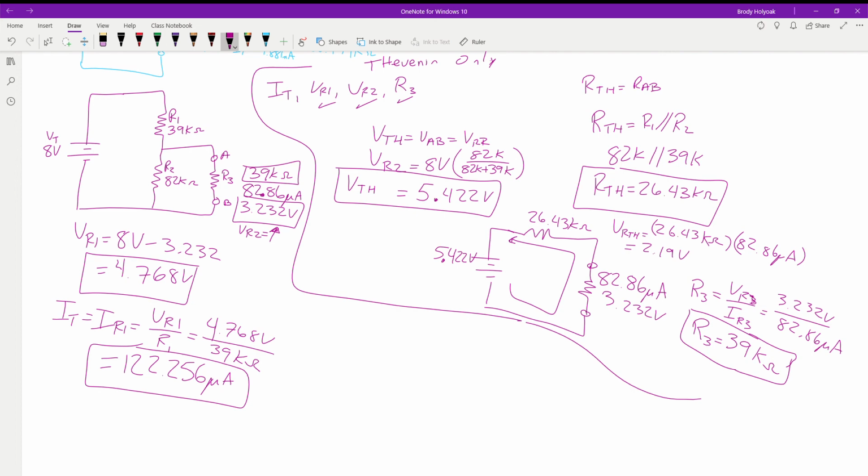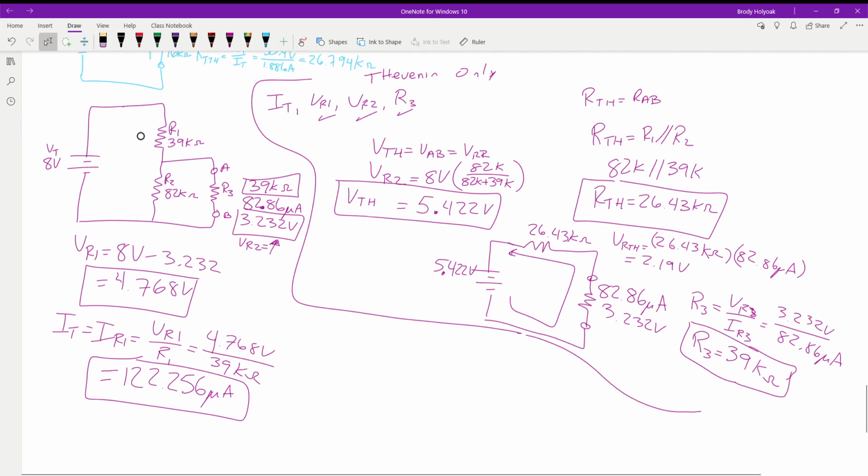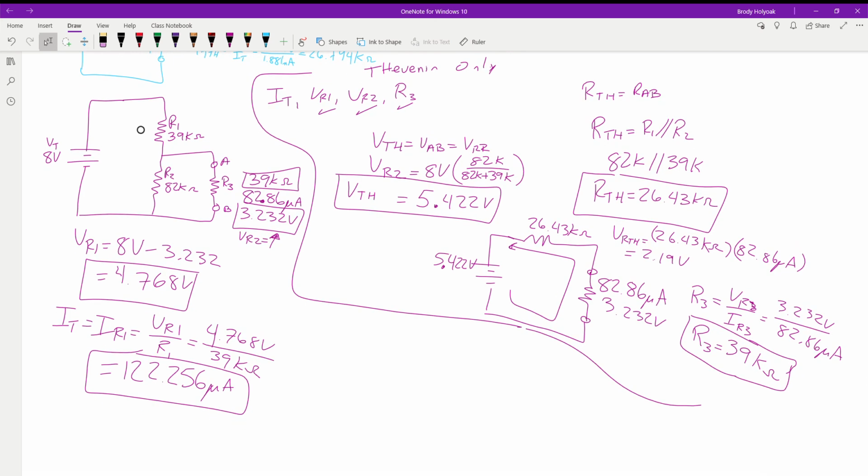Then, just as a double check to make sure these numbers come out believable, we have 122.256 microamps at R1. This current is going to split between R2 and R3, and we see that we're only drawing 82 over here. So that works out. We want to make sure we have enough current supplying this, at least the 82.8.